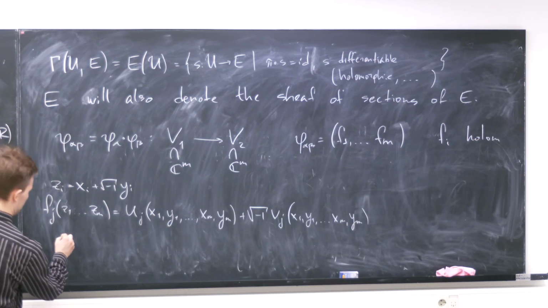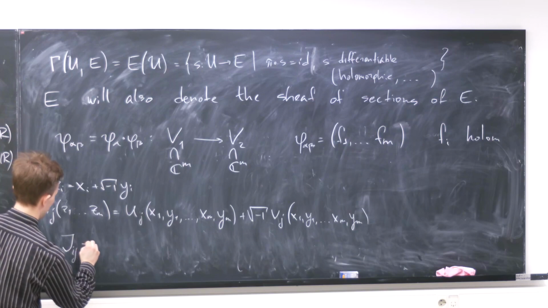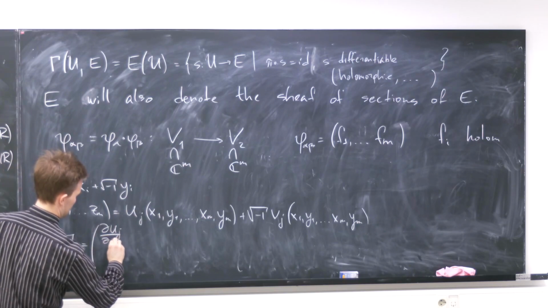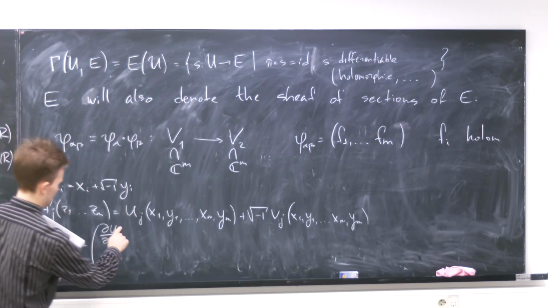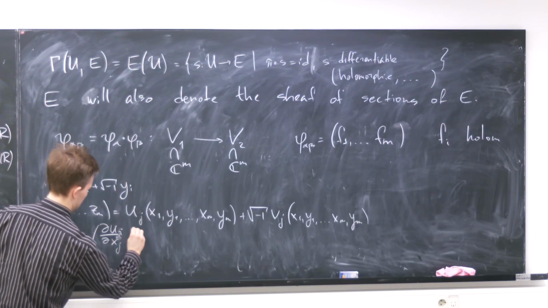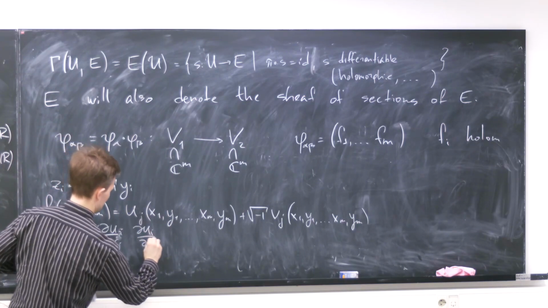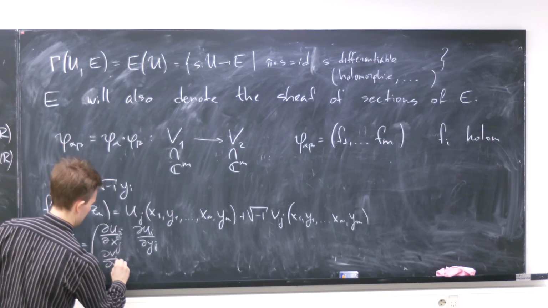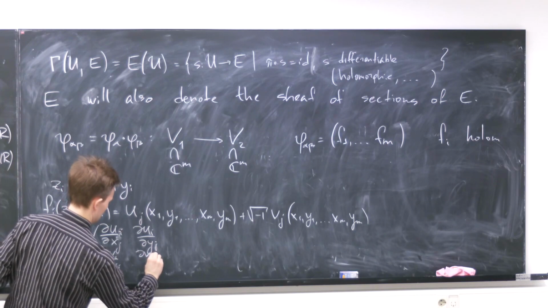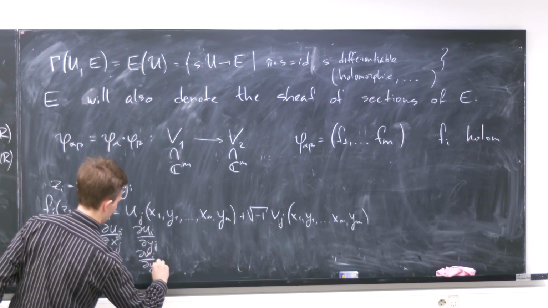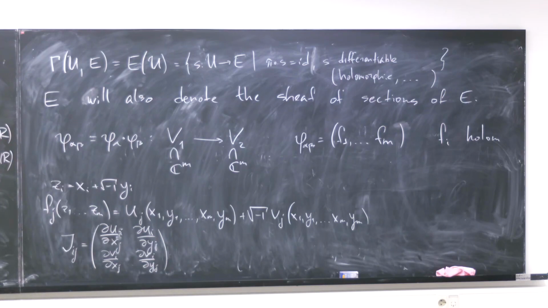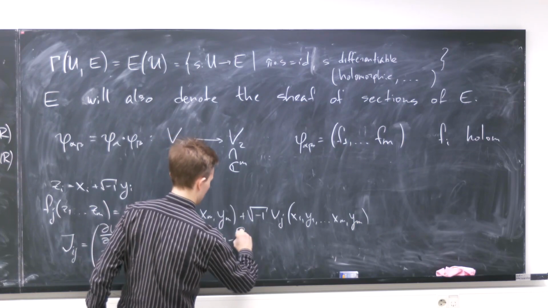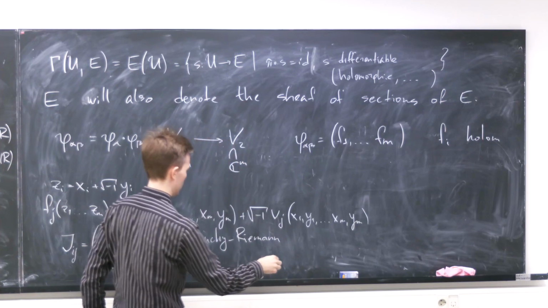If I look at the following matrix, which I denote by J_ij, with entries the partial derivative of u_i over x_j, then u_i over y_j, then v_i over x_j and v_i over y_j, these partial derivatives satisfy the Cauchy-Riemann equations because the functions are holomorphic.